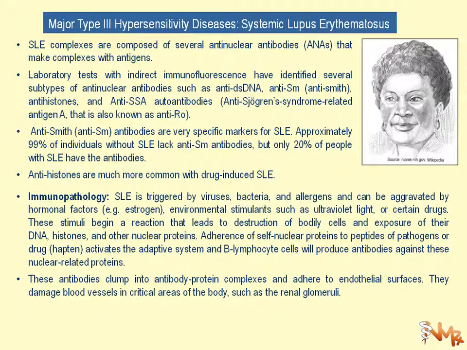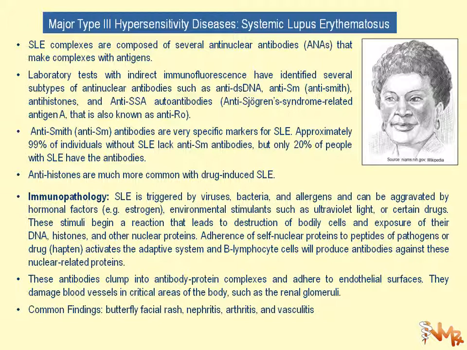These antibodies now clump into antibody protein complexes and adhere to endothelial surfaces. They damage blood vessels in critical areas of the body, such as renal glomeruli or the skin.